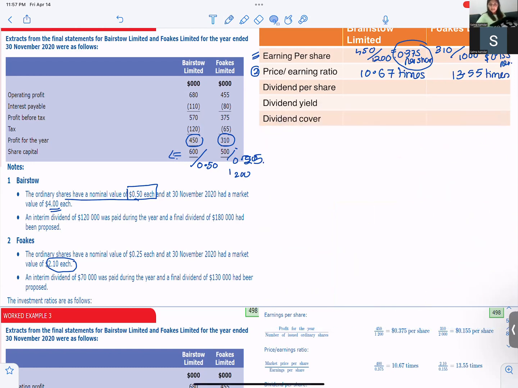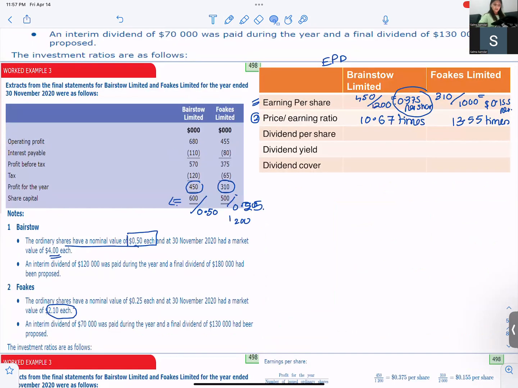Okay. Now, the next ratio that we would take is the dividend per share. How do you know the dividend per share?